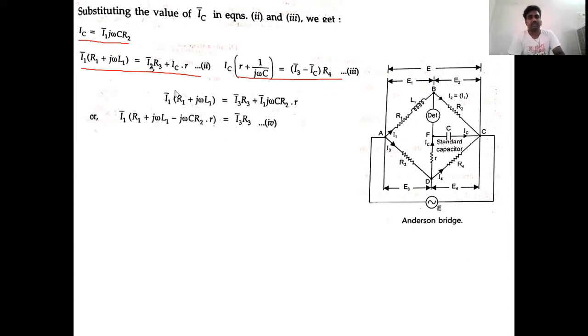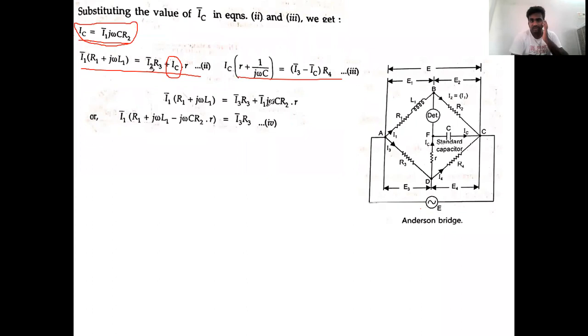I1 into (R1 plus j omega L1) is equal to I3 into R3 plus IC, and IC is I1 into j omega C into R2 into R. I substituted this value of I suffix C in the second expression. The same happens with the third expression, where I have rewritten it: I1 into (R1 plus j omega L1) is equal to I3 into R3 plus I1 into j omega C into R3.